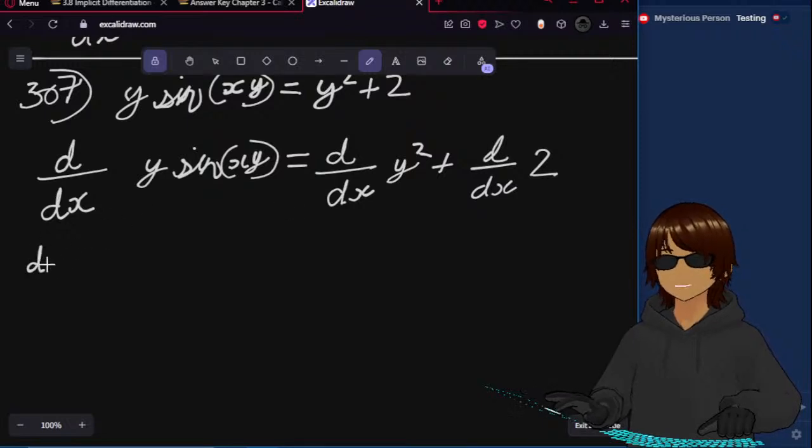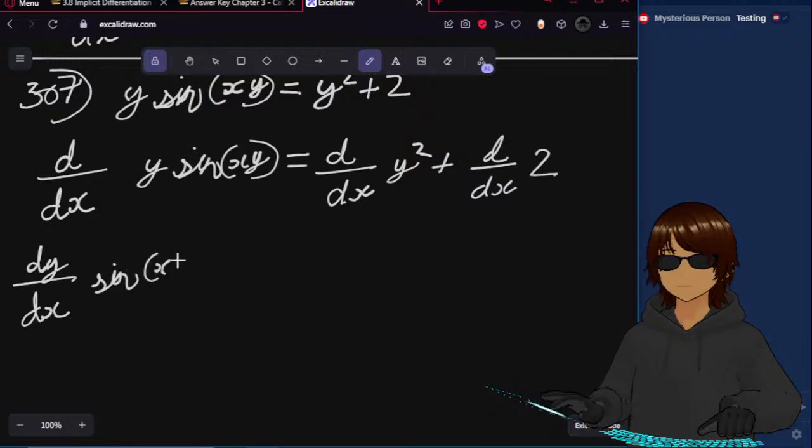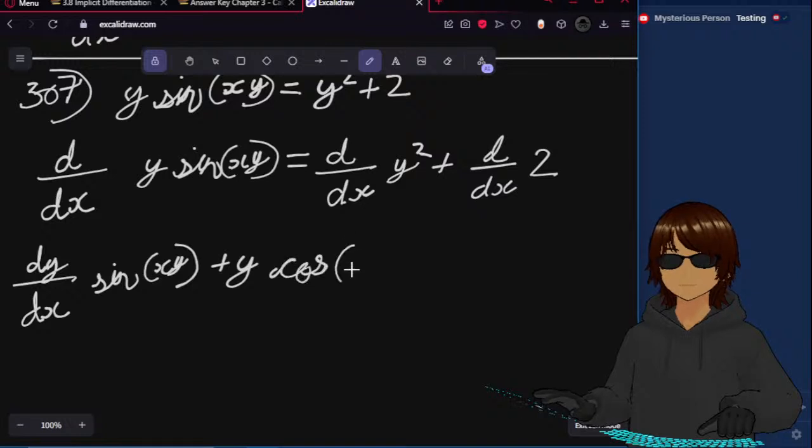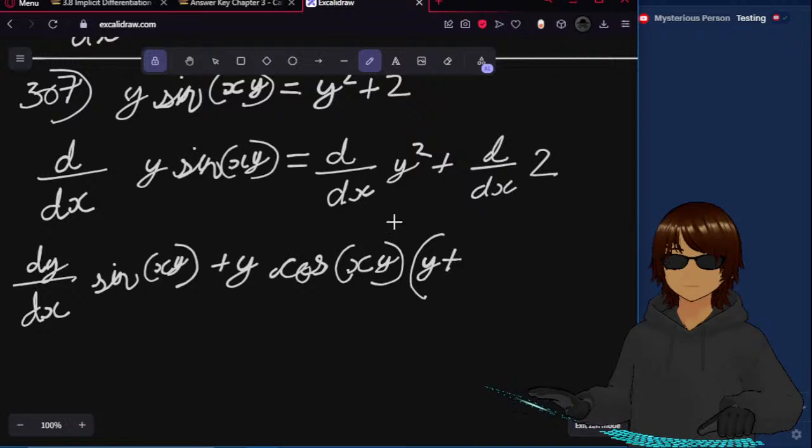Then derivative of the first times the second plus the first times the derivative of the second. Derivative of sine is cos. Derivative of the outside times the inside. This is derivative of the first times the second. That's the first times the derivative of the second.